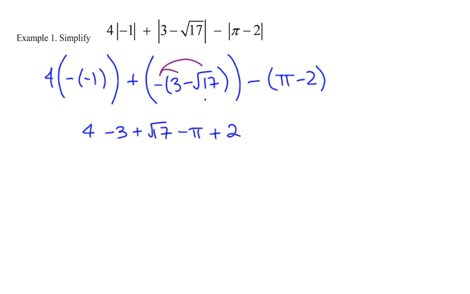Okay, good. All right, sometimes with silence, I'm like, who knows what planet they're on right now. Okay, 4 minus 3 plus 2 is 3. Root 17 minus pi. So we're saying that this expression is equivalent to 3 plus root 17 minus pi.